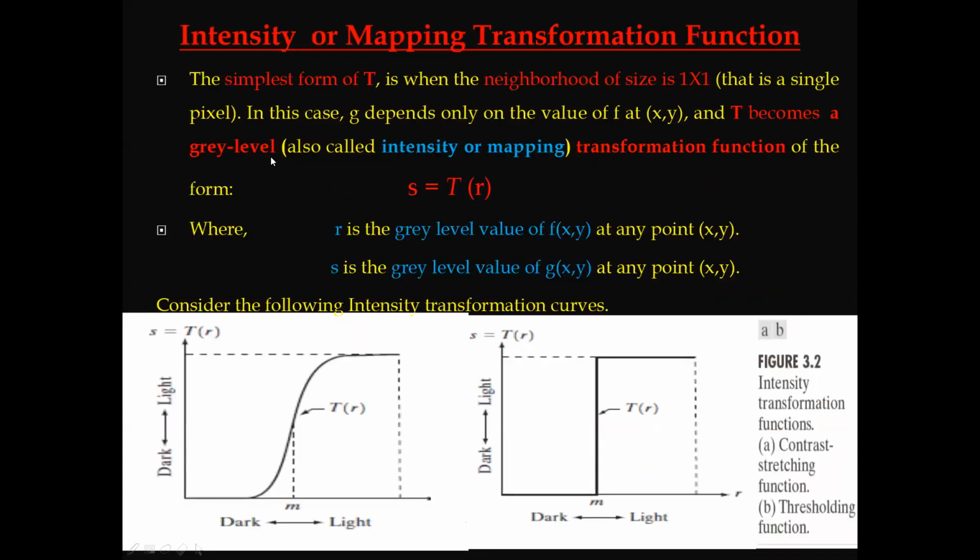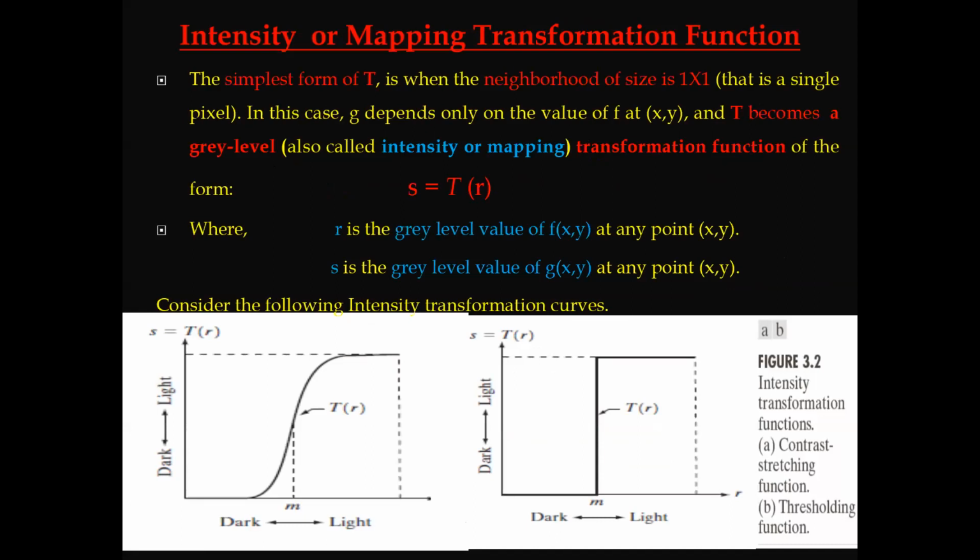Next, coming to the intensity transformations. Intensity transformations are also called mapping transformation functions. The simplest form of transformation T is when the neighborhood is of size 1 by 1, that is a single pixel.